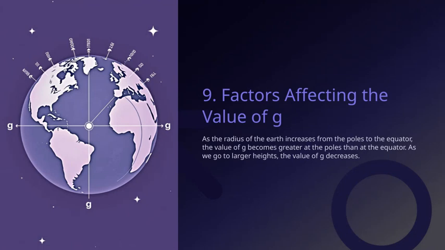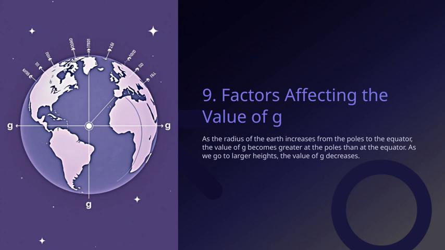Now, let's take a closer look at the factors that affect the value of g as you move from the poles toward the equator. The Earth's radius actually increases, and this causes the value of g to become greater at the poles compared to the equator. In other words, gravity is slightly stronger at the poles. Additionally, as we go to higher altitudes or larger heights above the Earth's surface, the value of g decreases.